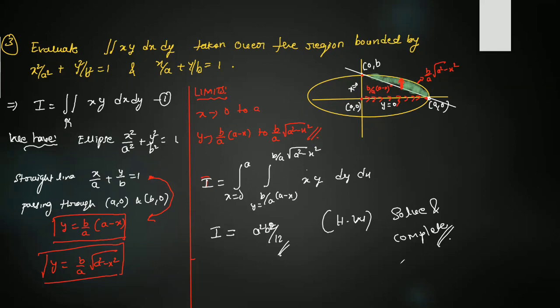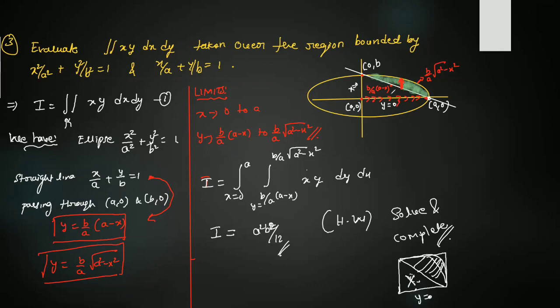See, if you have a box, I'm talking about only this part. You cannot say that y is equal to 0, because this might be the curve. If you say from y is equal to 0, then you are considering this part also, where this part is not there.